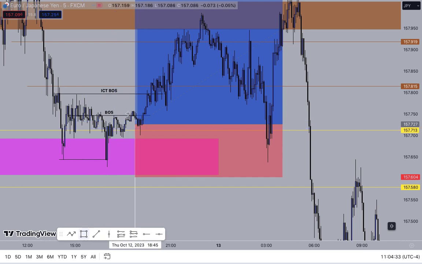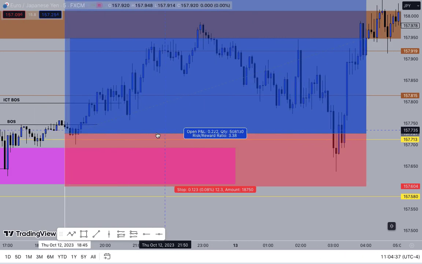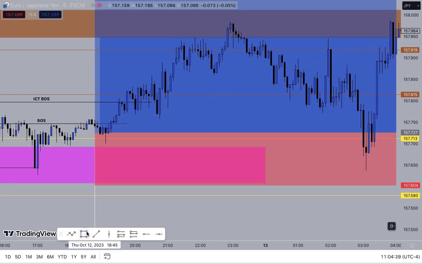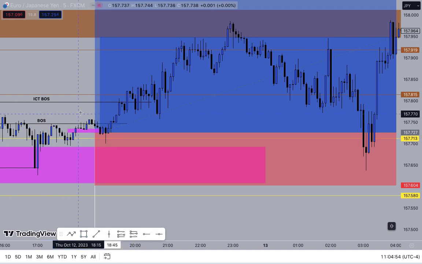Now I saw this 5 minutes fair value gap, from the high of this candle to the low of this candle. There's a gap that has not been filled here. So I waited for price to come back into that fair value gap after that break.